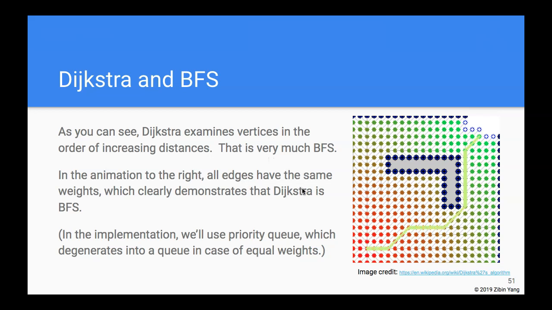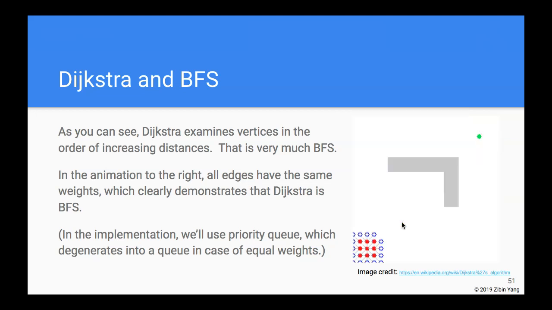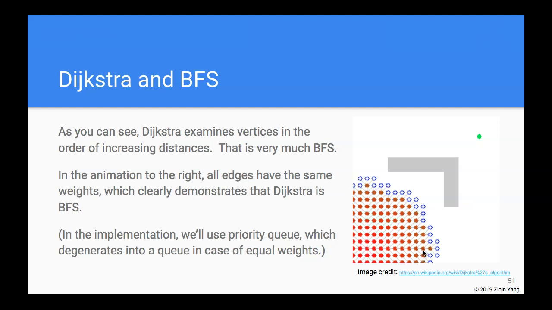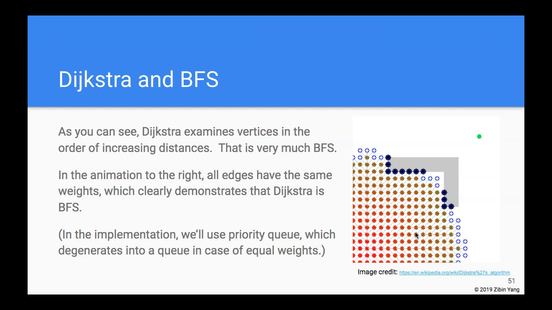If you're still not entirely convinced, then you can look at the illustration here, which again I found on Wikipedia. In this particular graph, all the edges have the same weights, and you can see it looks like a wave front that just moves away from the source, the starting vertex, and that again demonstrates the fact that Dijkstra is a BFS.